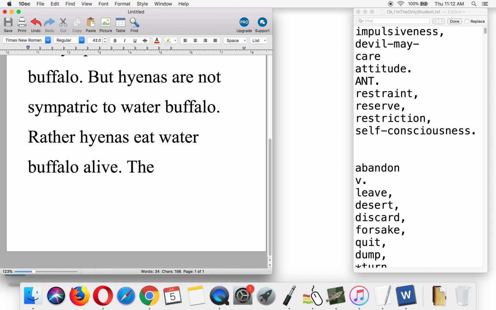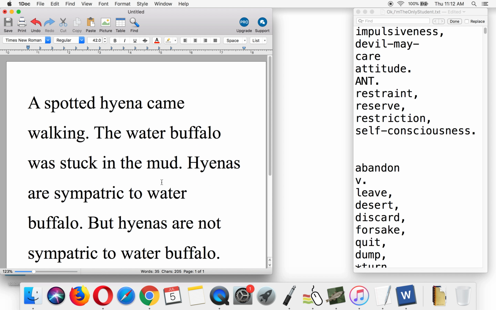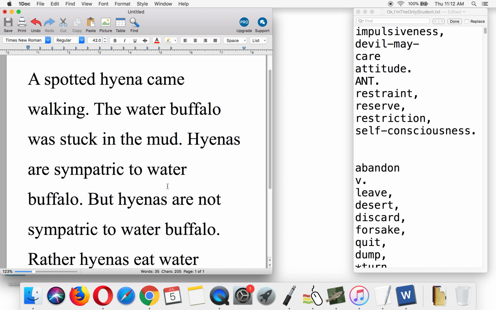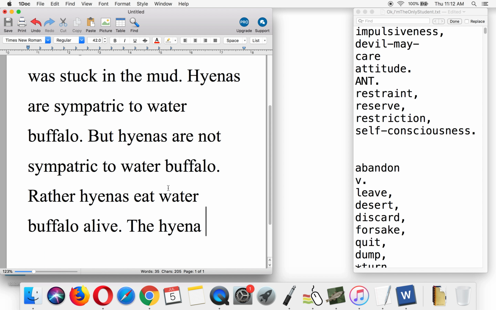The hyena. So we're talking about a specific hyena now. Up here we used a hyena. Now we're talking about the same hyena.